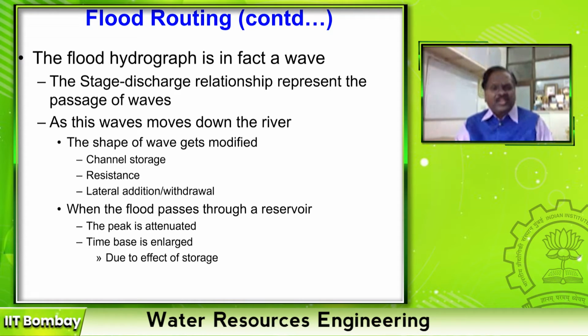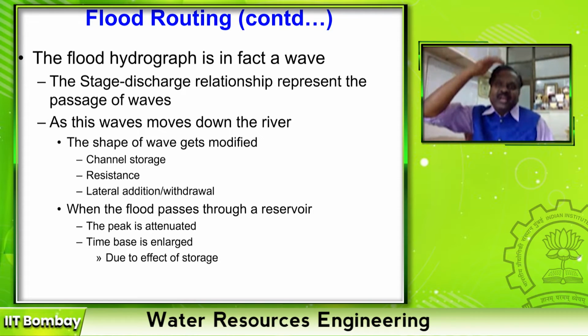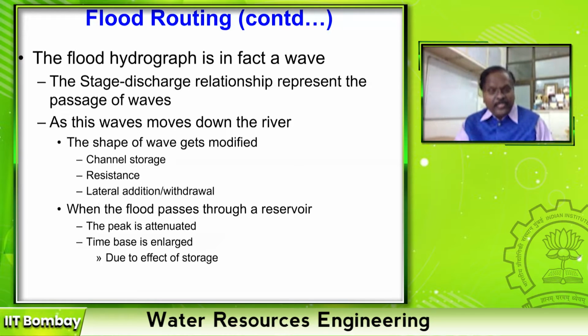What actually are we doing in flood routing? That means when there is a heavy expected peak, and if I calculate the carrying capacity of the channel, it is less than that peak, then I have to safely dispose that peak so that my releases are uniform and it will not overflow. Right?